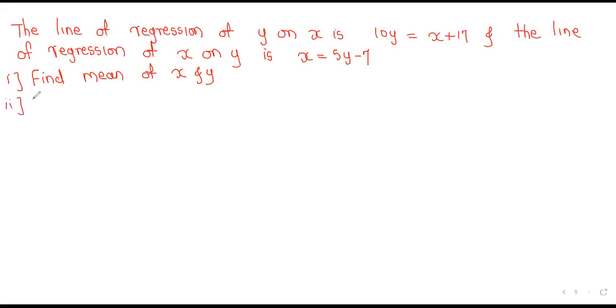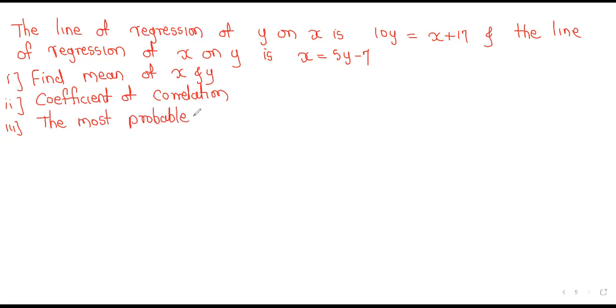Second thing we have to find is coefficient of correlation, and the last thing we have to find is the most probable value of y when x is equal to 13.